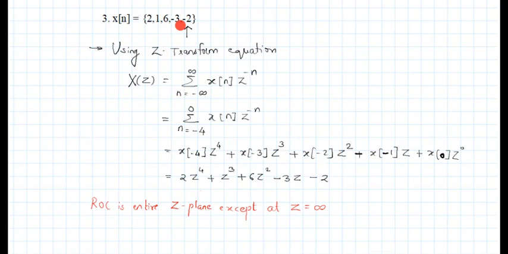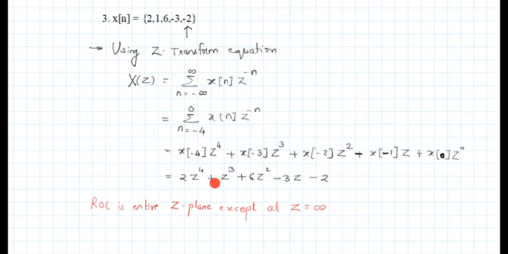It's now the time to define the ROC where the Z transform actually exists. We observe here that the Z transform has only positive powers of Z. There are no negative powers of Z, and therefore the value of Z which can make the Z transform infinite is infinity. If I put Z as infinity here, the whole Z transform becomes infinite, which should be avoided.